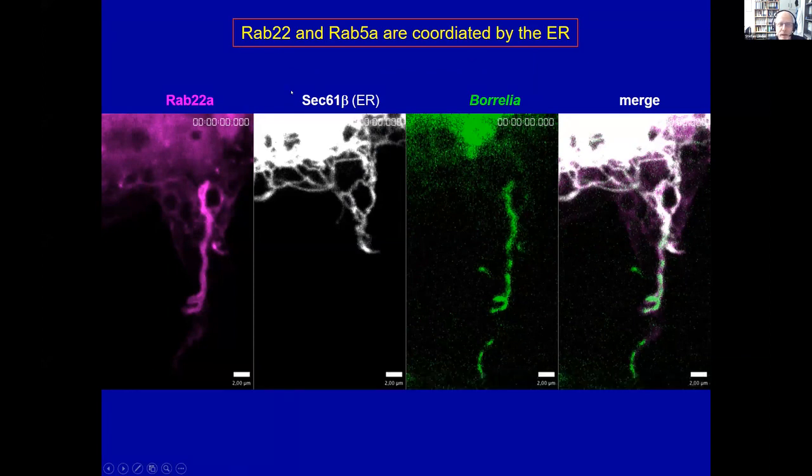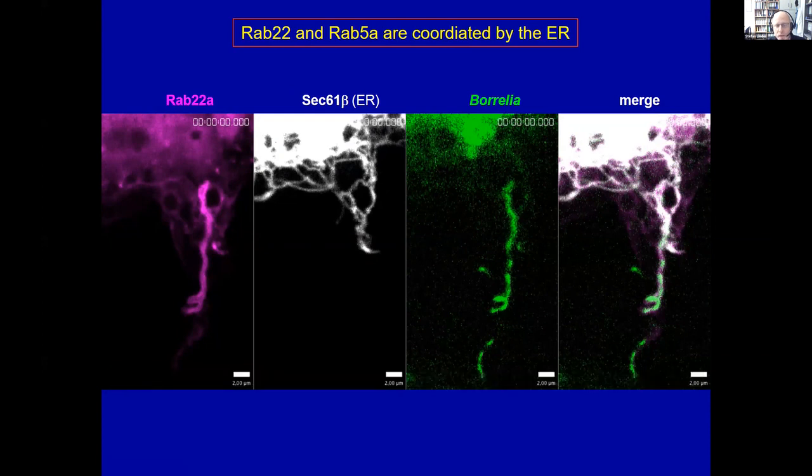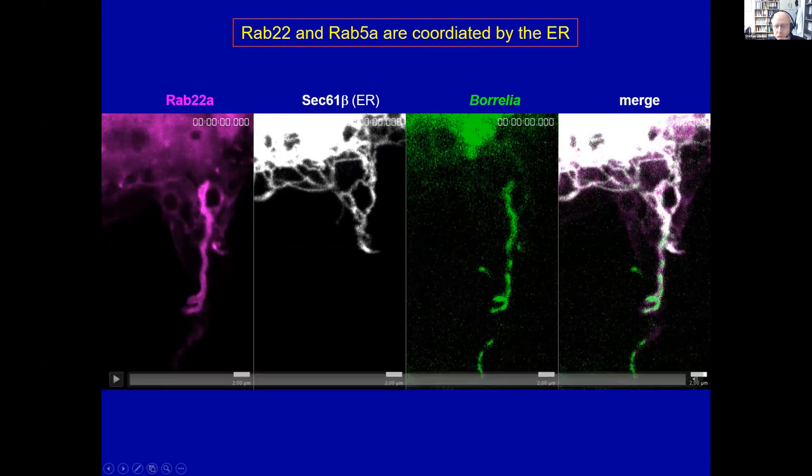And I have to add, one of the nice angles from this line of research came from the idea how actually are these RAP5A vesicles getting in contact with the RAP22A positive phagosomes. And this idea has been floating around in the literature that it actually might be the endoplasmic reticulum that is present throughout the whole cell, that this is actually one of those organelles that might be used for getting into contact with these phagosomes.